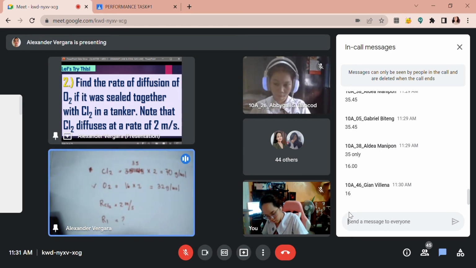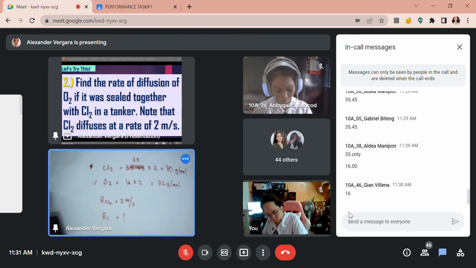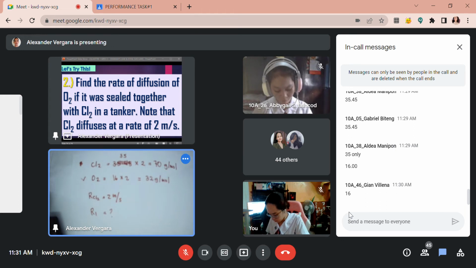So what's the formula this time? If we're going to get the R1, the camera is really blurred, I'm annoyed. What's the formula for R1?